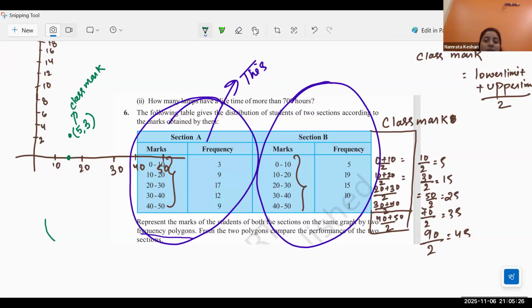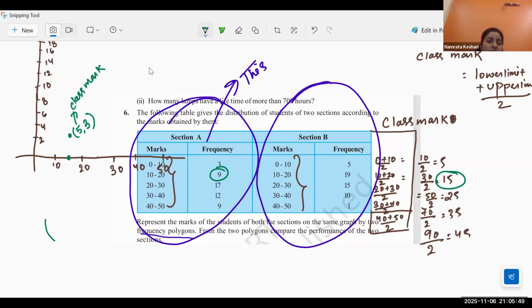Next one is 15. Class mark is 15 and the frequency is 9. So now my motto is to represent the point 15 comma 9. Wait, I'm making a mistake.